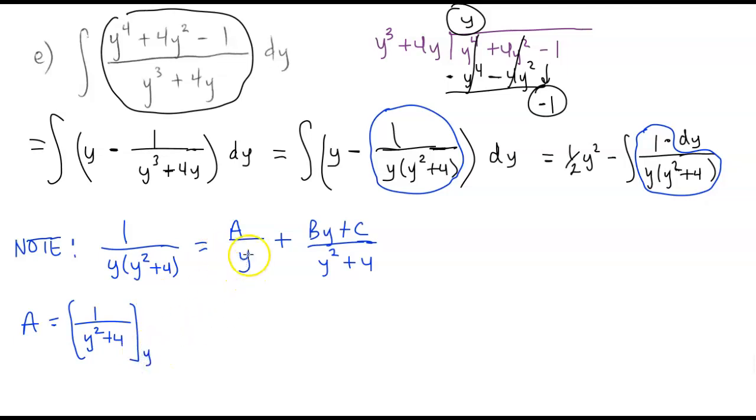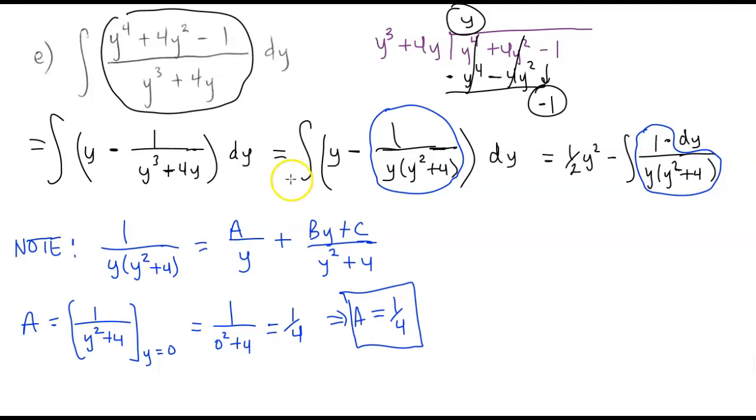That's 1 over 0 squared plus 4, which ends up being 1/4. So we know here that our A is just 1/4.